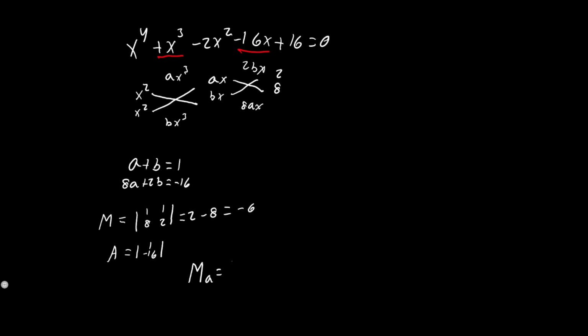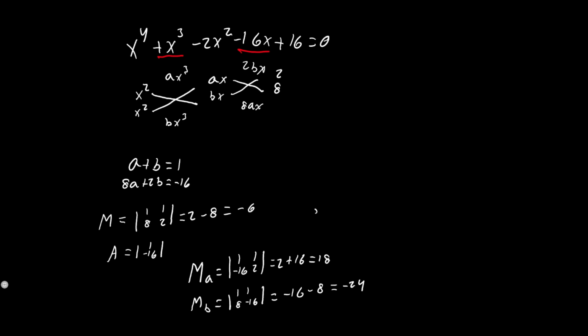M of A is 1, negative 16, and 1, 2, where we get 2 plus 16 is 18. And now we go ahead and find B, which is M of B, which is equal to 1, 8, 1, negative 16, where we have negative 16 minus 8, and that equals negative 24.